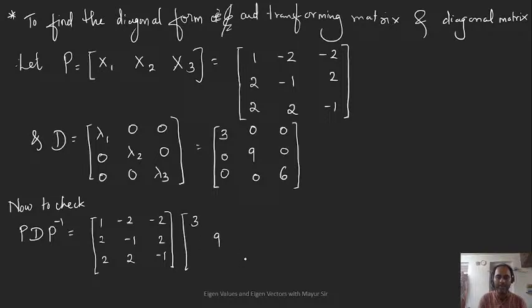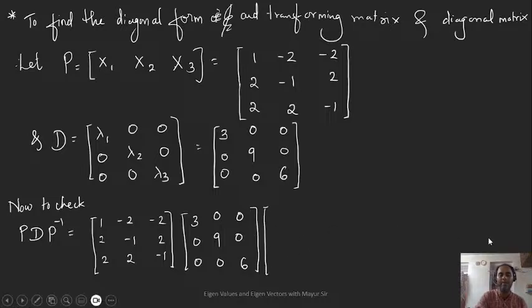Let me know the inverse matrix in your chat box, what comes. This you can do manually or with the help of the calculator. So I'll be doing it with the calculator.